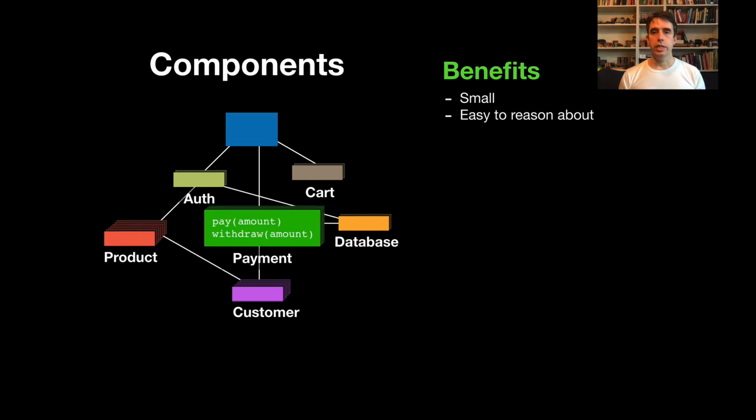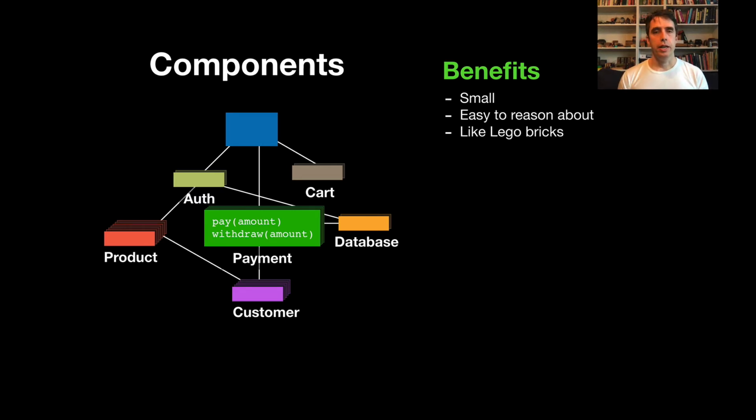And they are also easy to reason about, not just because they are small, but you can also give them a nice name, and they only expose a set of functions in their interface. And that interface is easy to find also, because it's always the same name of that interface or namespace.